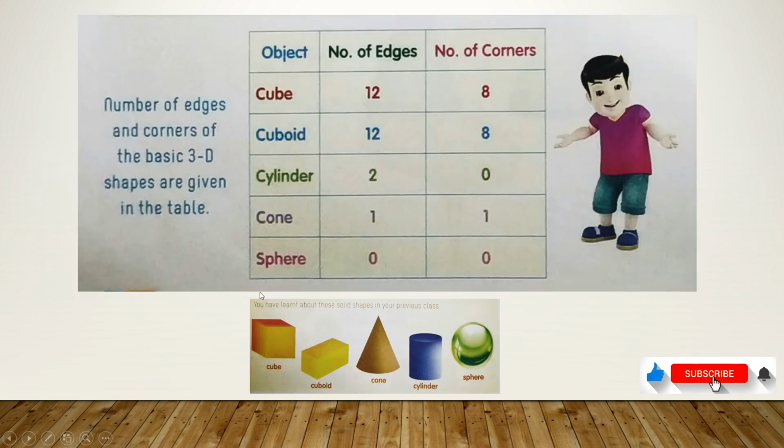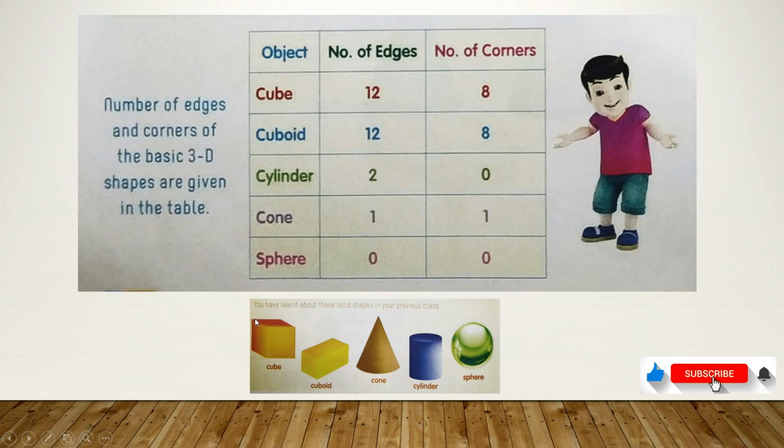Now we'll move to the summary of all the shapes we have learned so far: cube, cuboid, cylinder, cone and sphere. The number of edges for a cube: we know the cube has 12 edges. Why?